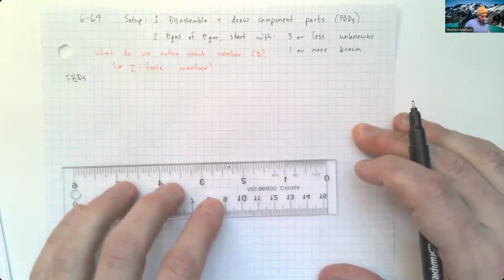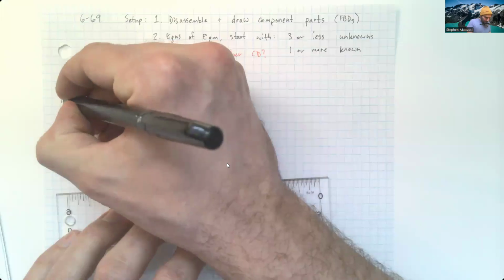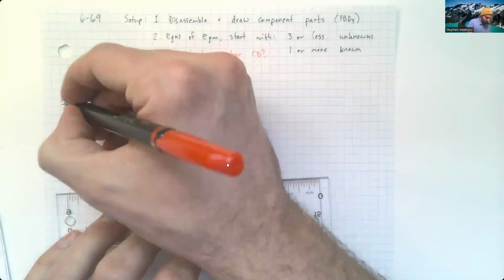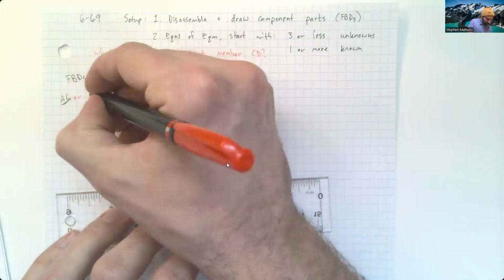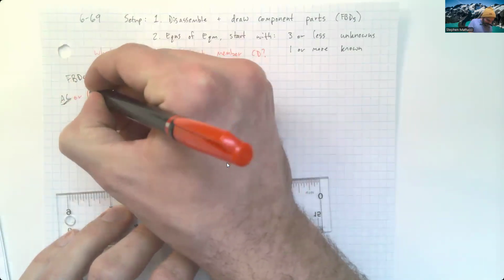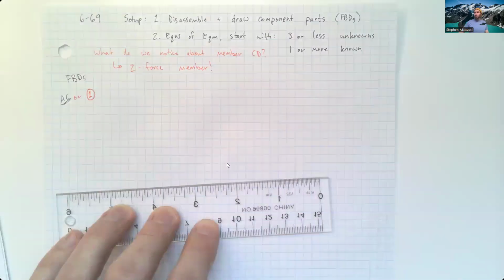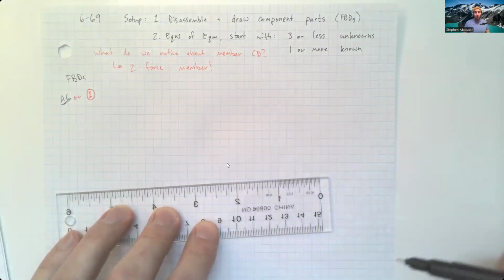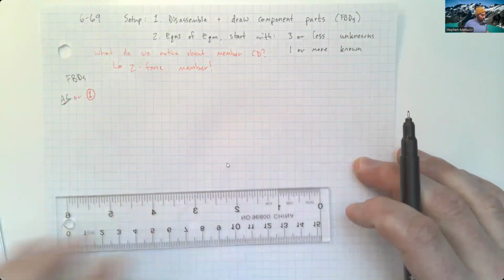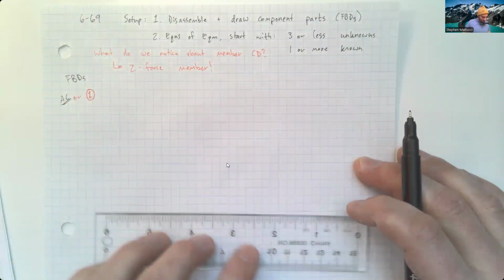I'll start with, and I can label this AC, or I can label it a number. Doesn't really matter. I'm labeling it twice, but you can use whichever convention that you're comfortable with.